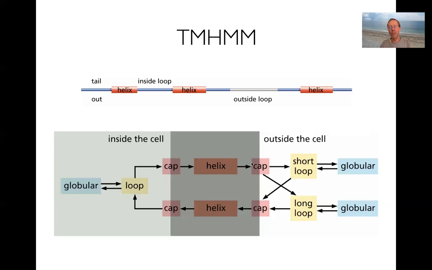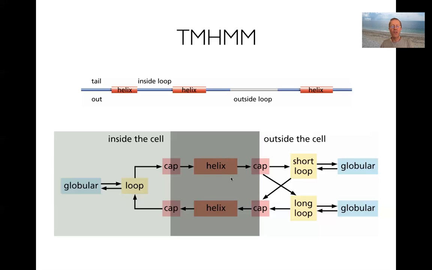So you might want to capture that by having a special cap state on either side of the helix. The emission probabilities from the helix would be mainly for hydrophobic residues. The caps would have high emission probabilities for polar residues, especially for tyrosines and tryptophans.